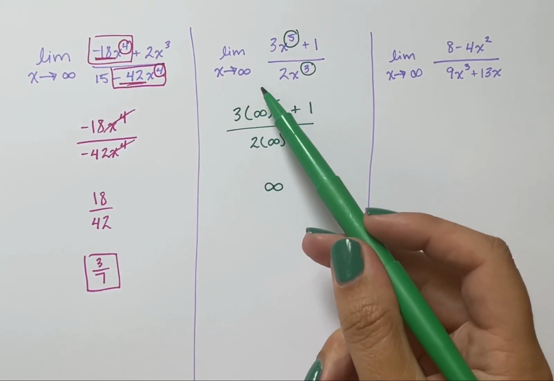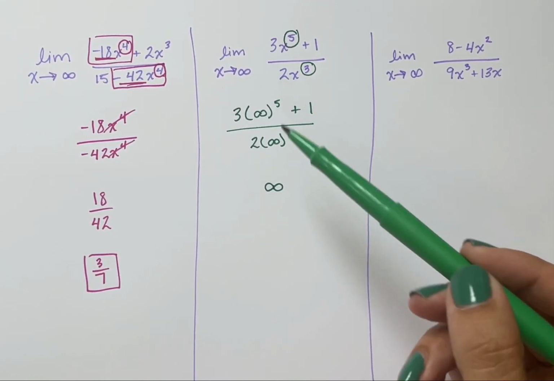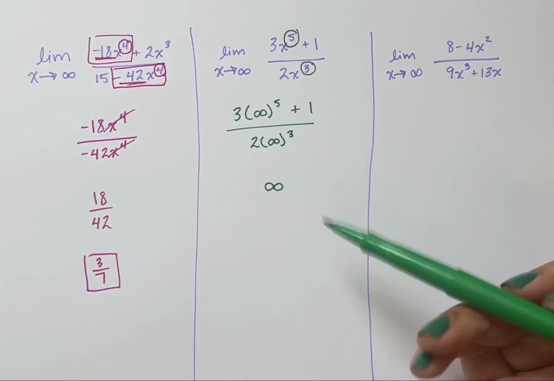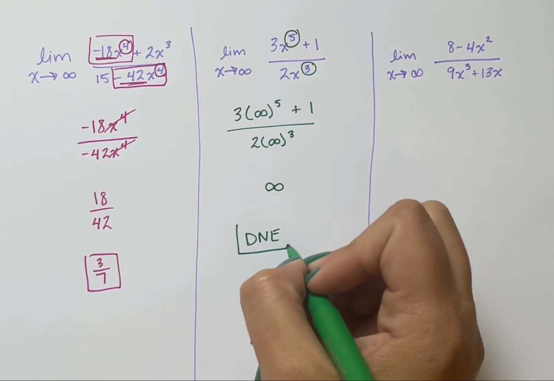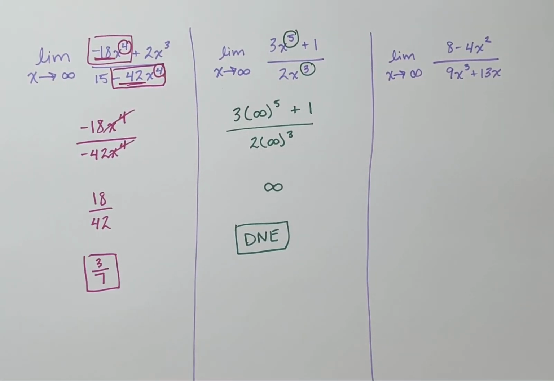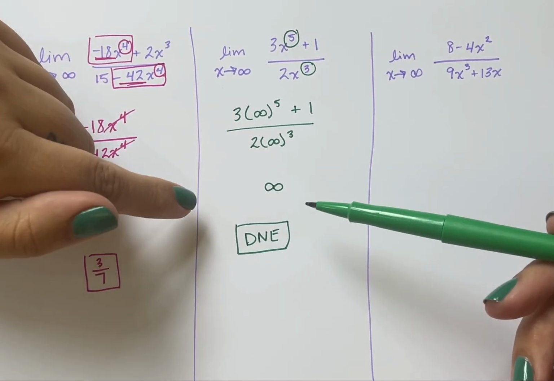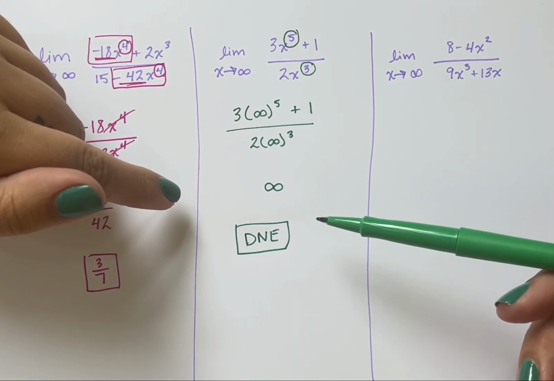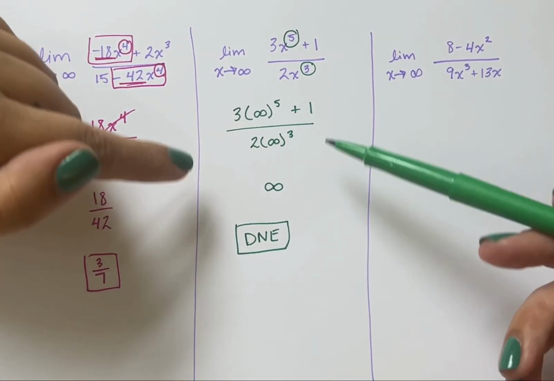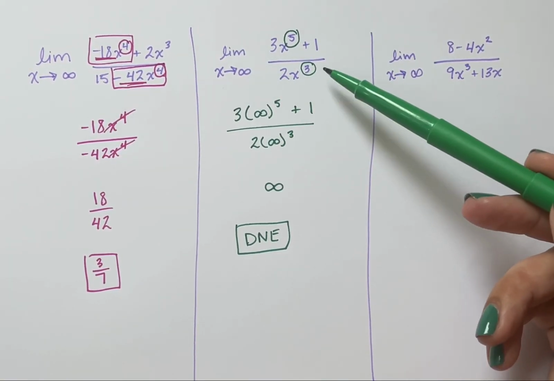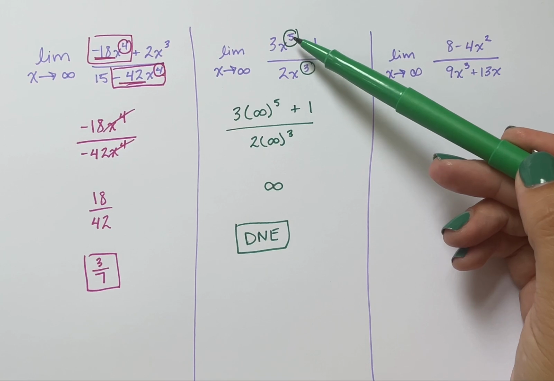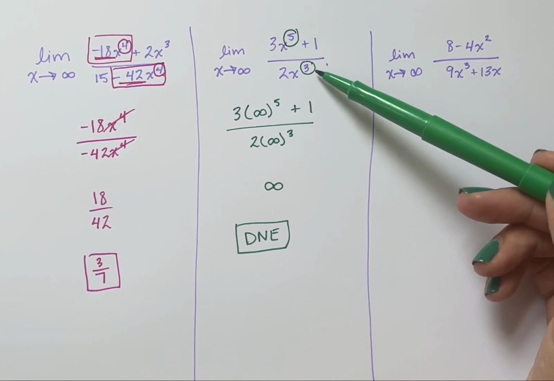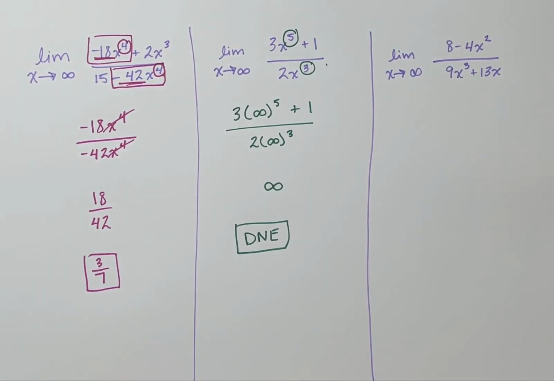We know for limits that anytime a limit, when we evaluate it, is equal to infinity or negative infinity, we can simply express that as does not exist, or DNE. And this occurs because there's actually no horizontal asymptote for this type of rational function where the numerator has a greater degree than the denominator.